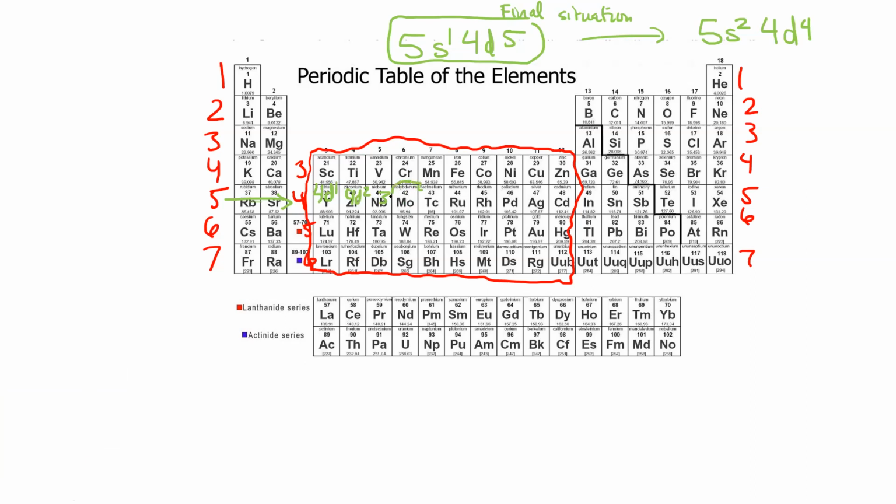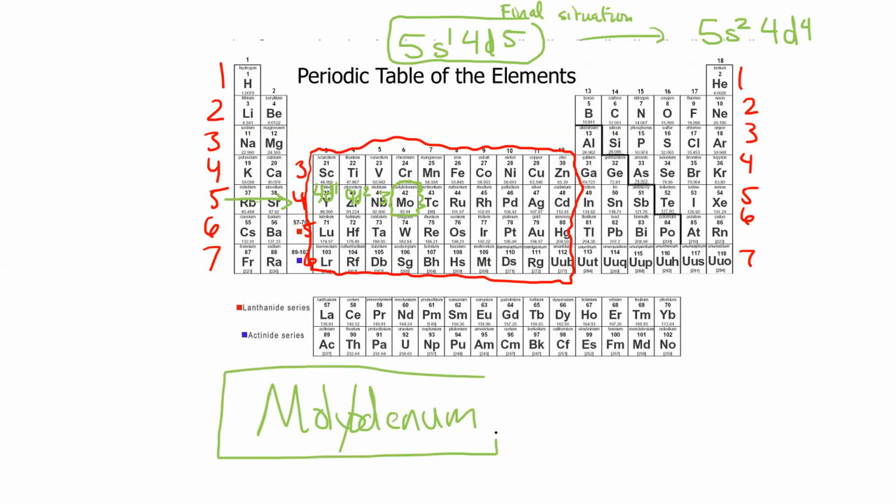This one right here. This is our final answer. The answer is, I think you spell it this way, molybdenum. I think that's it. Yes, that's the element right there, determined by the electron configuration that we were given.